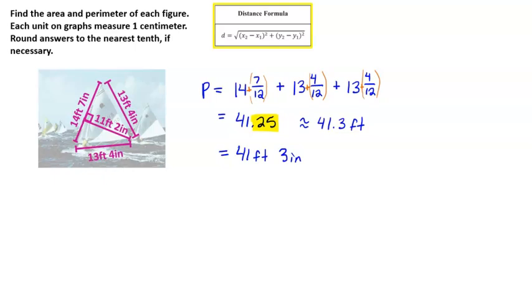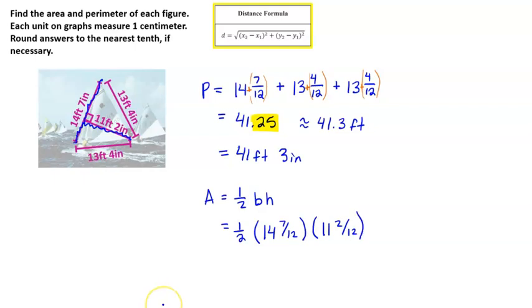And then for the area, don't forget that the base and the height are always perpendicular. So notice that they gave us these two here. And so for our area, it's going to be 1/2 base times height, 1/2 times our base, which is 14 and 7/12, and then our height, which is 11 and 2/12.